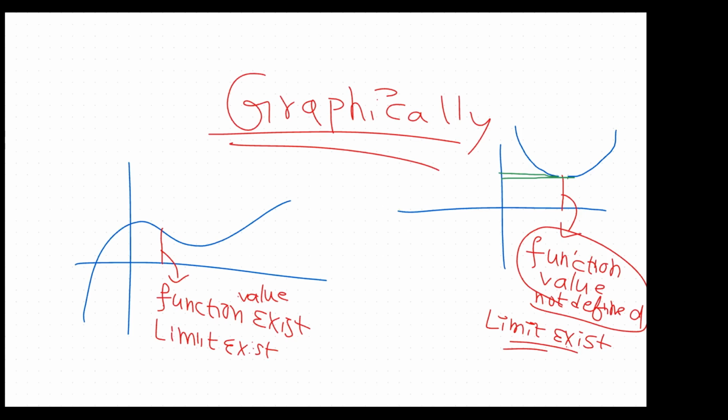Suppose I give you some function like this, and drop the point with a red line. At this point, tell me, does the function value exist or not, first of all?